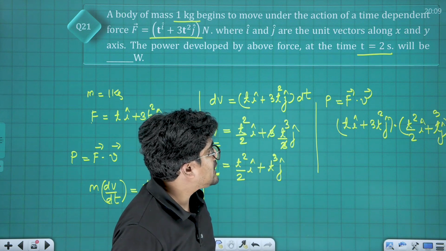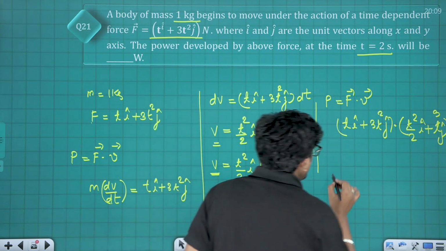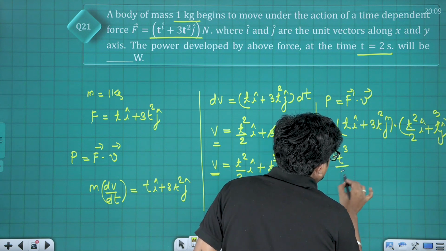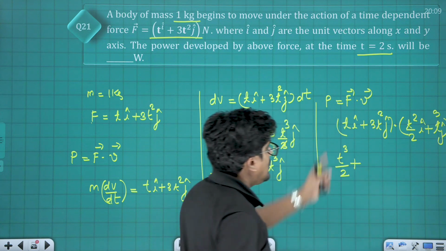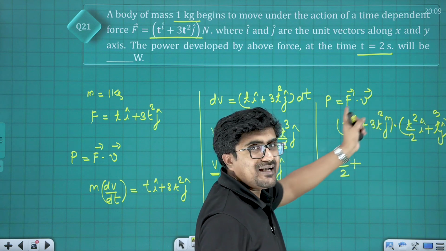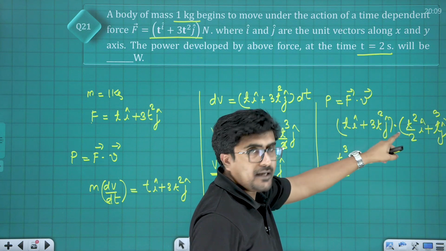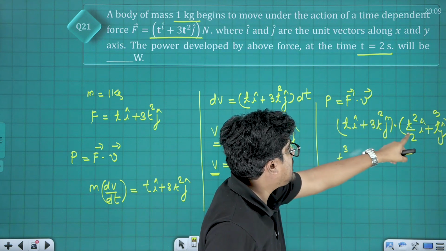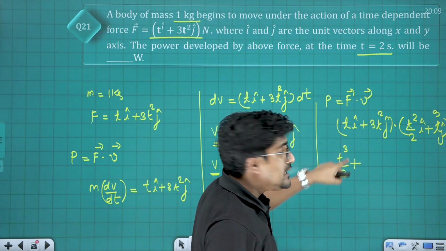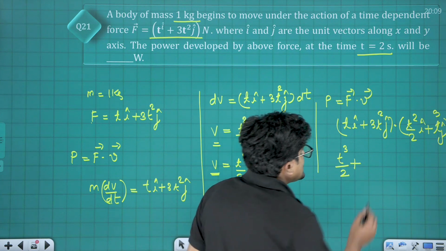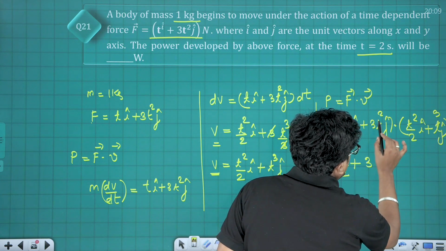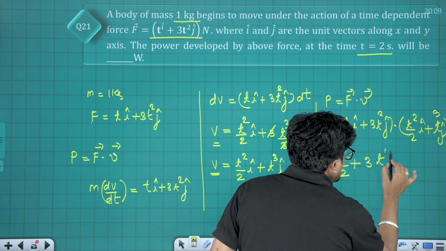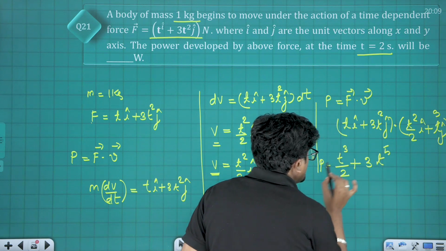Alright. While taking the dot product, it's going to be t cube by 2 plus, we are going to multiply what? The i and i terms as well as the j and j terms. Fine. So here it is t and here it is t square by 2, so it's going to be t cube by 2 plus, here this is going to be 3 into, here this is t to power 2 and that is t to power 3, so it's going to be t to power 5. So here this is the expression for power.